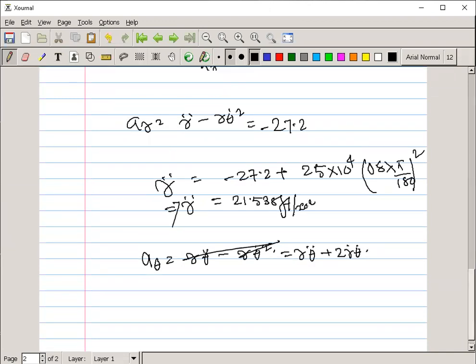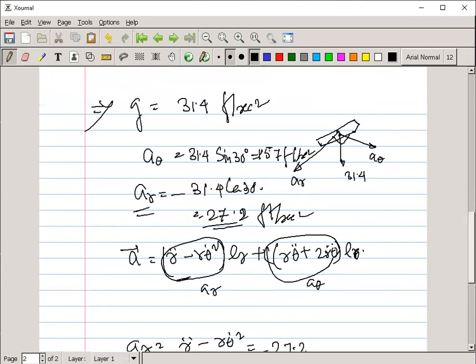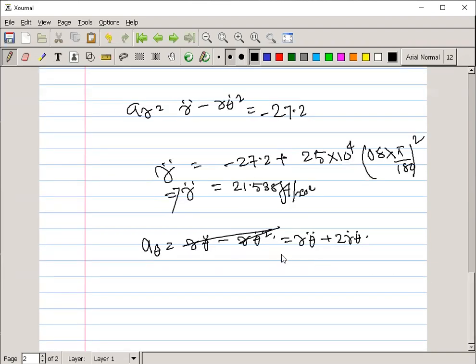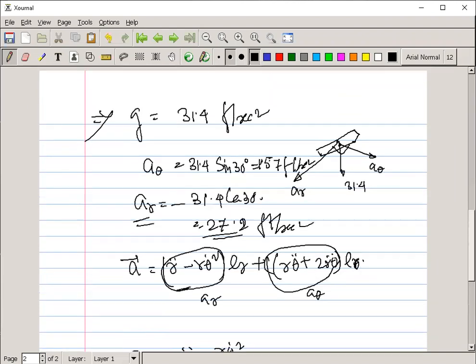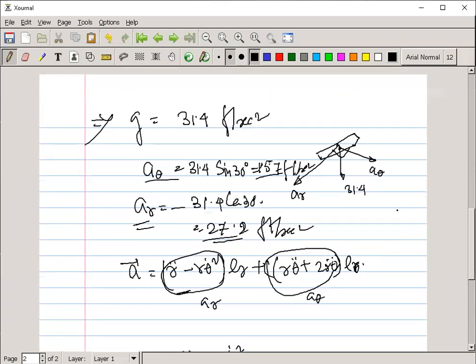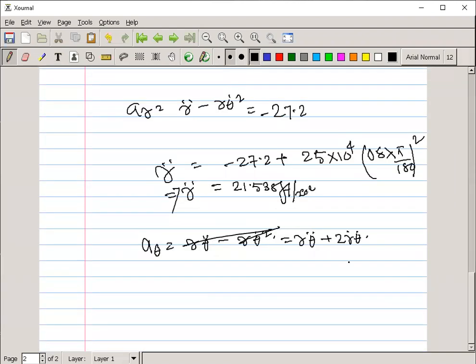As I told initially, your acceleration for these radial and transverse components is r double dot minus r theta dot square er plus r theta double dot plus 2 r dot theta dot, right? So for a theta, you have already found that it is 15.7.